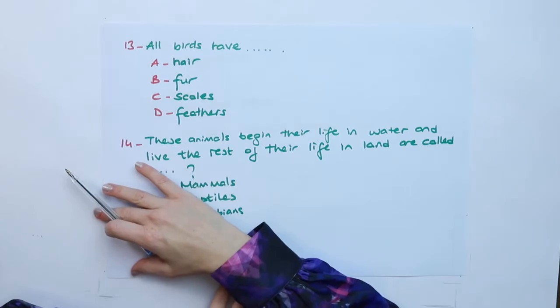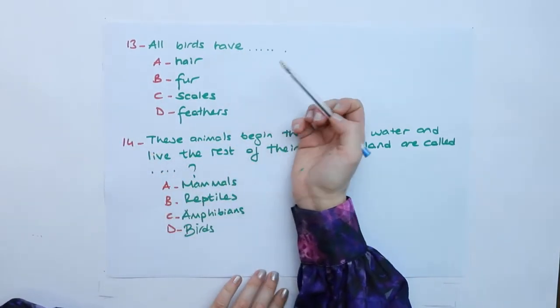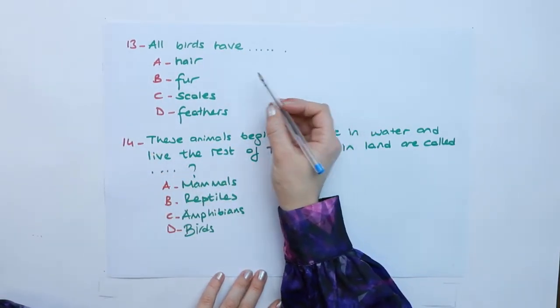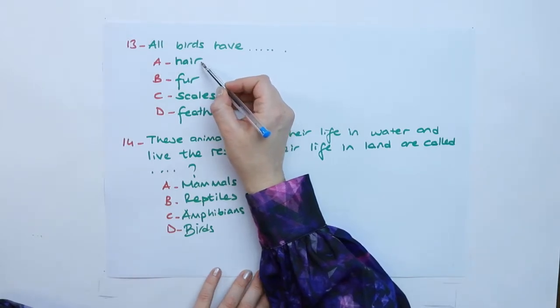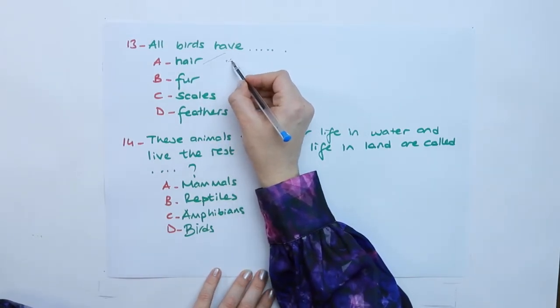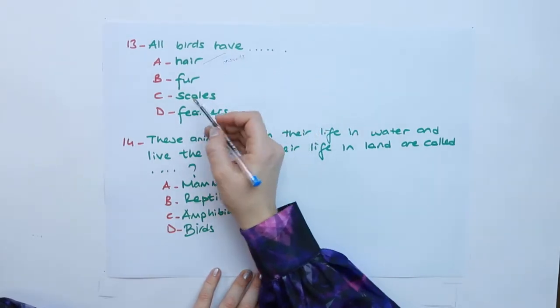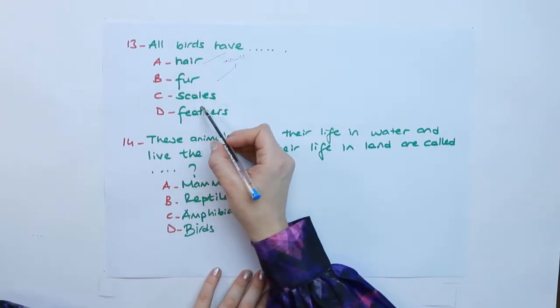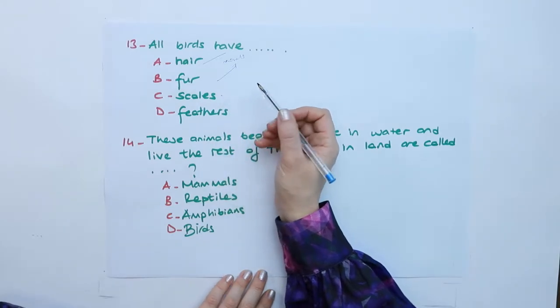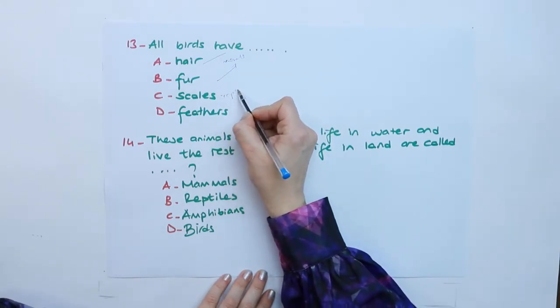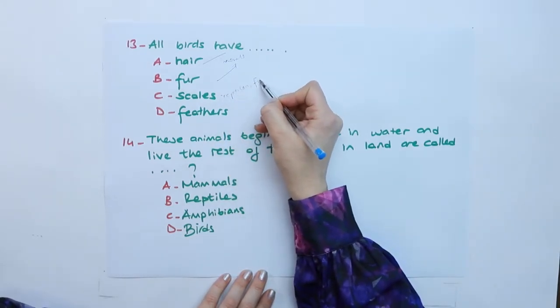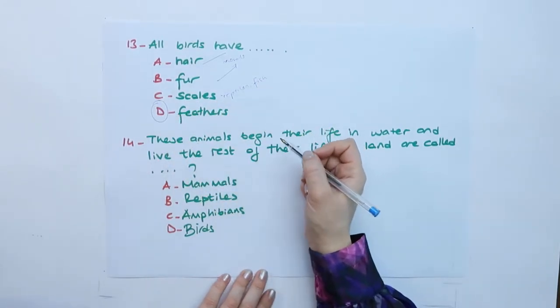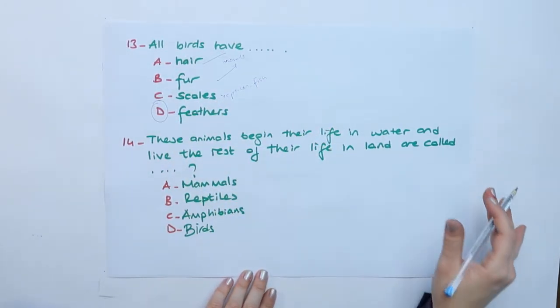13. All birds have. What do all the birds have? Do they have hair? No. Mammals have hair. Fur, again, mammals have fur. Scales, reptiles and fish have scales. Feathers, yes, that's correct. All birds have feathers.